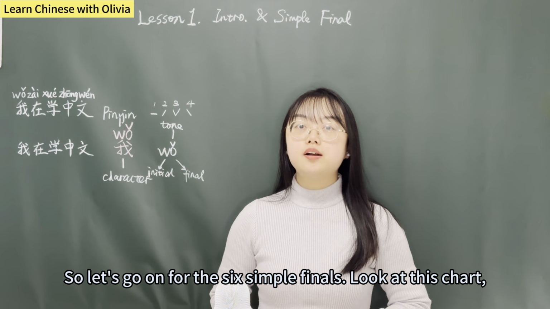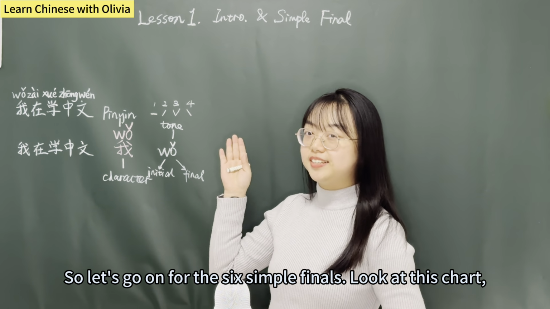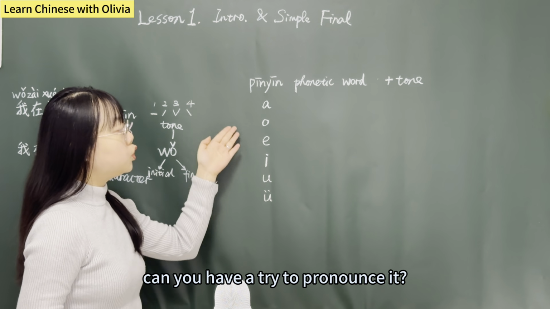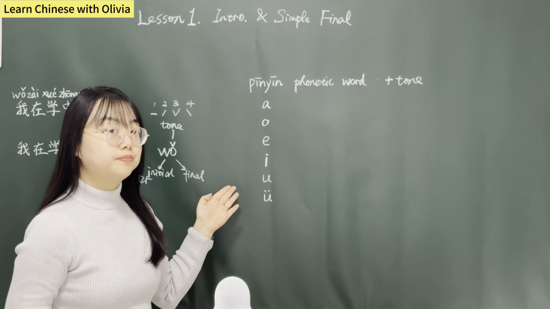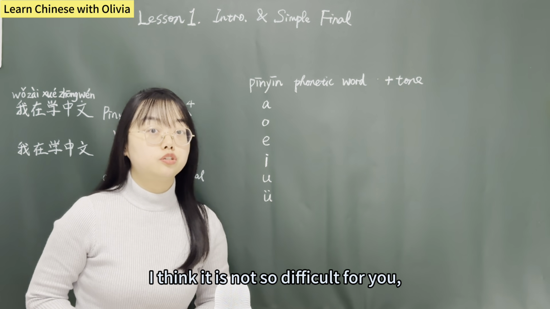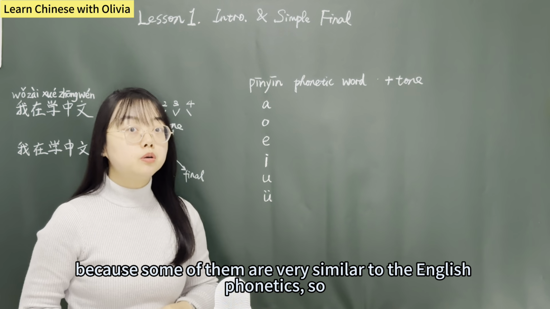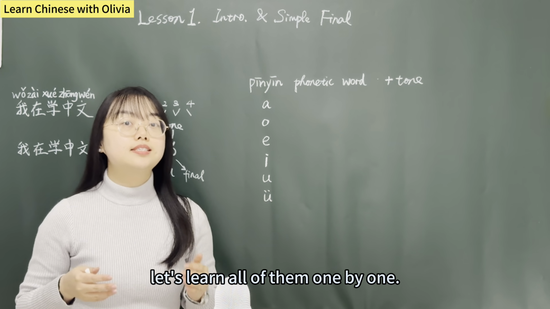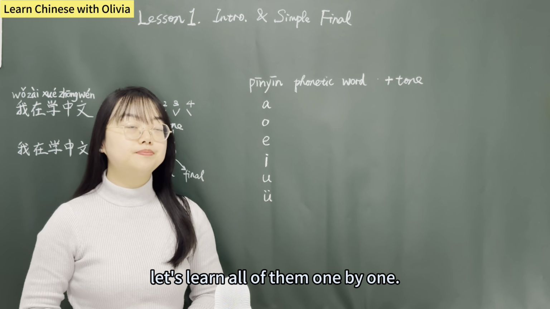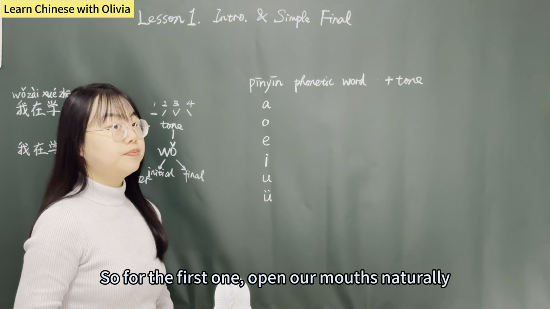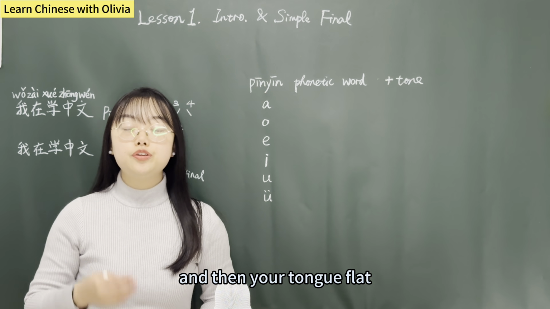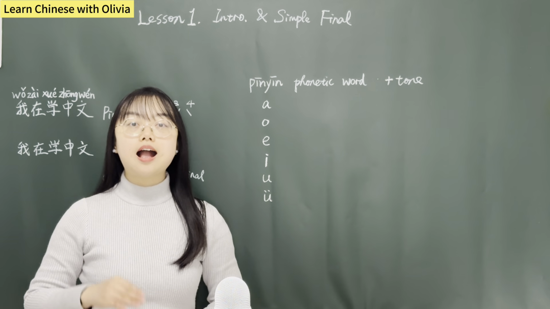So let's go on for the 6 simple finals. Look at this chart. Can you have a try to pronounce it? I think it is not so difficult for you because some of them are very similar to the English phonetics. So let's learn them one by one. So for the first one, open our mouths naturally and then your tongue flat.